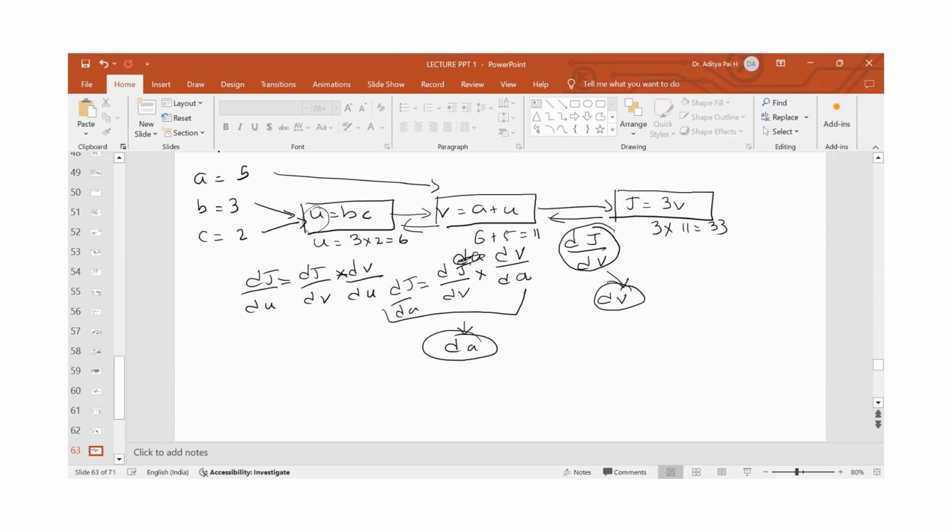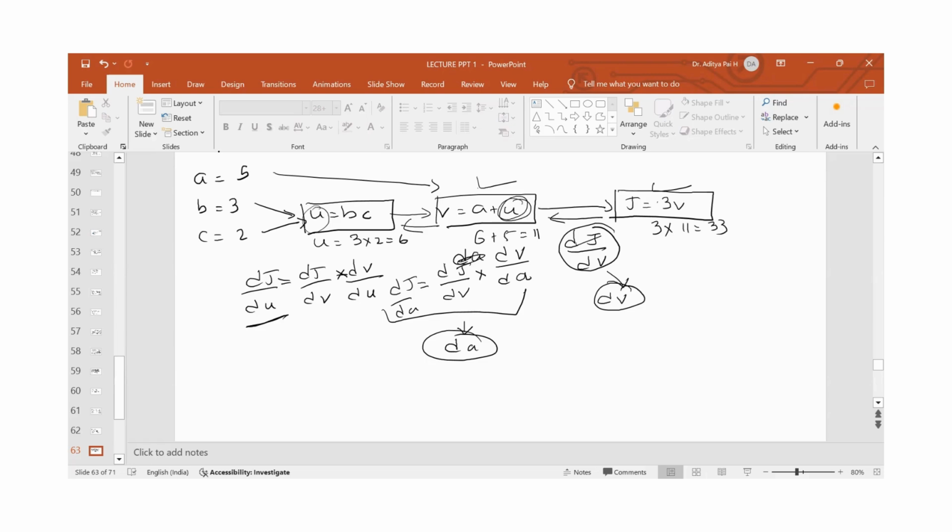Why is it like that? Because for changing the value of U, both this value and this value are required. So dJ by dV is this, and dV by dU is nothing but the change in the value of U.